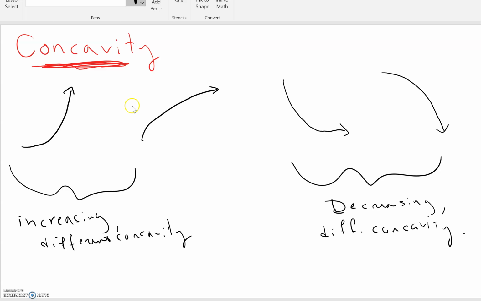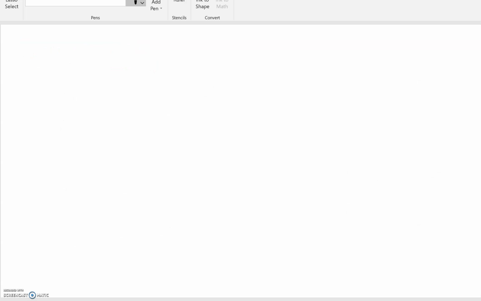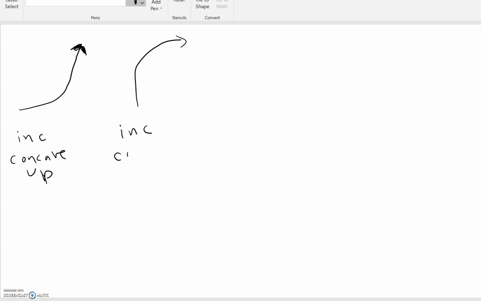All right, I'm going to basically draw the same pictures on the next page. So here we go. Those are my two horribly drawn types of increasing concavity. So this is increasing, but it is concave. This is what we call concave up. This is also increasing, and it is what we call concave down.